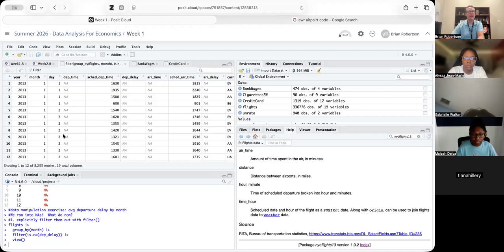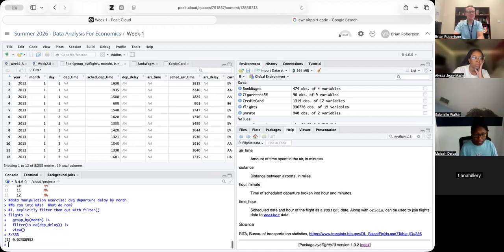How many of them do I have in my data set? We got 8,255 in my data. Is that a lot? I mean, 8,000 is a lot of observations, but out of 336,000. So I'm going to do 8 divided by 336.